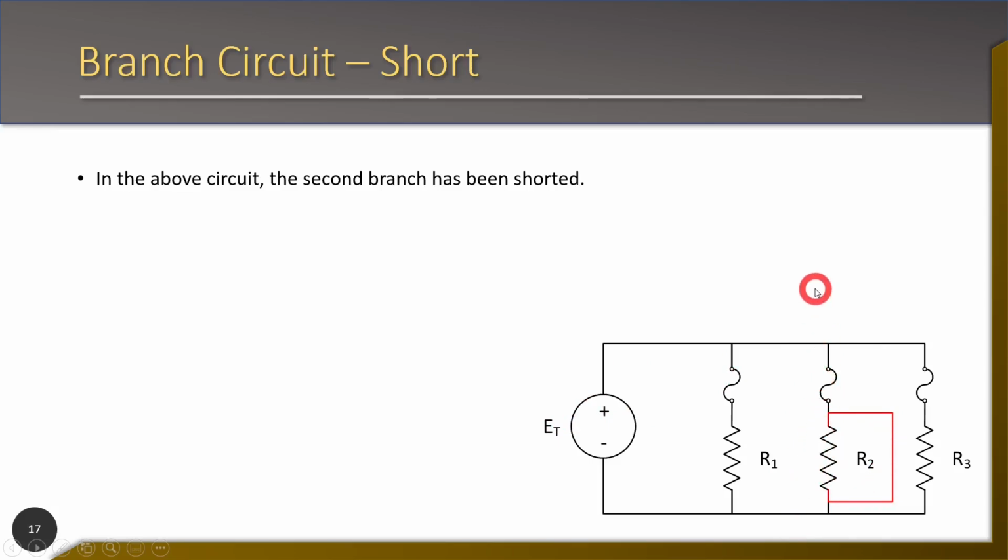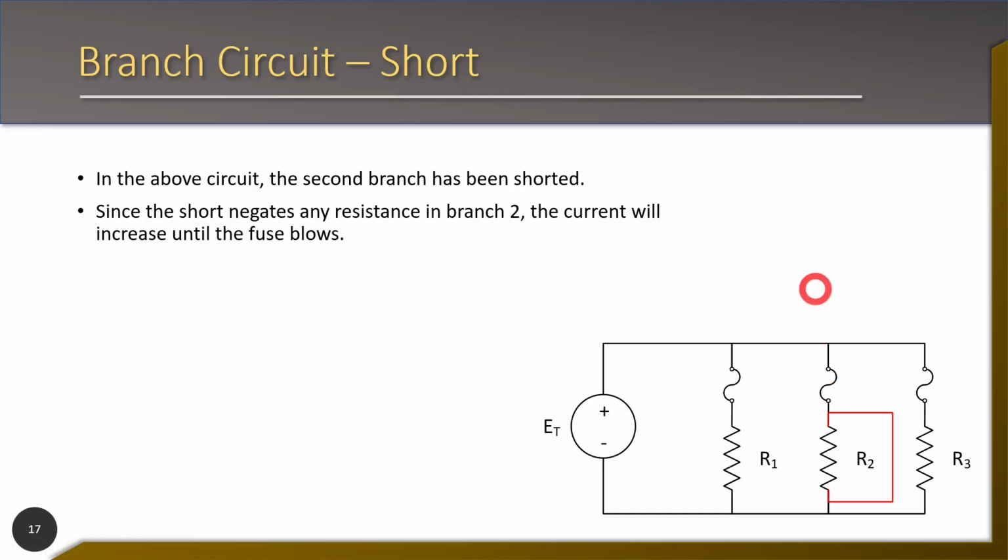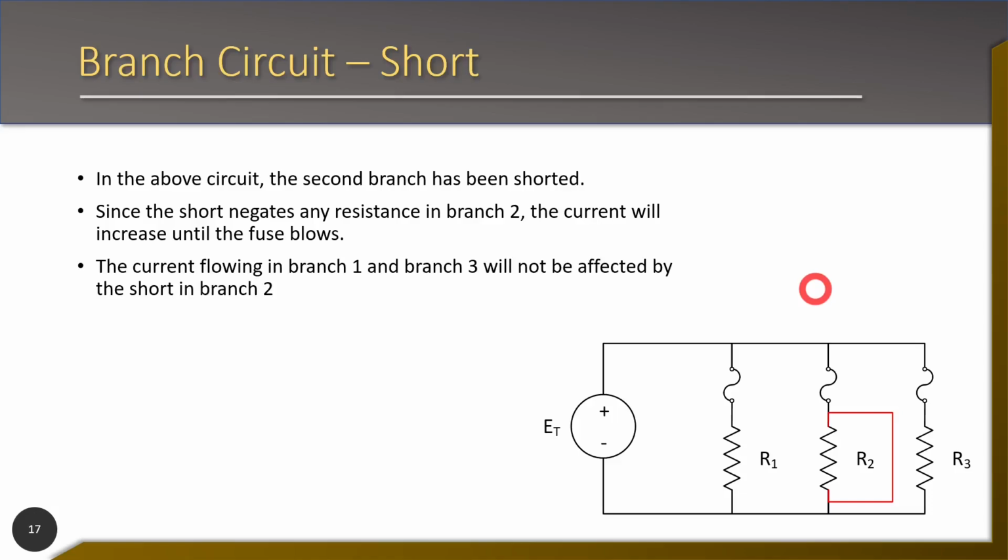And luckily we have a fuse here that's actually going to pop. Since the short negates any resistance in branch 2, the current will increase until that fuse actually blows. The current flowing through branch 1 and branch 3 will not be affected by the short in branch 2.